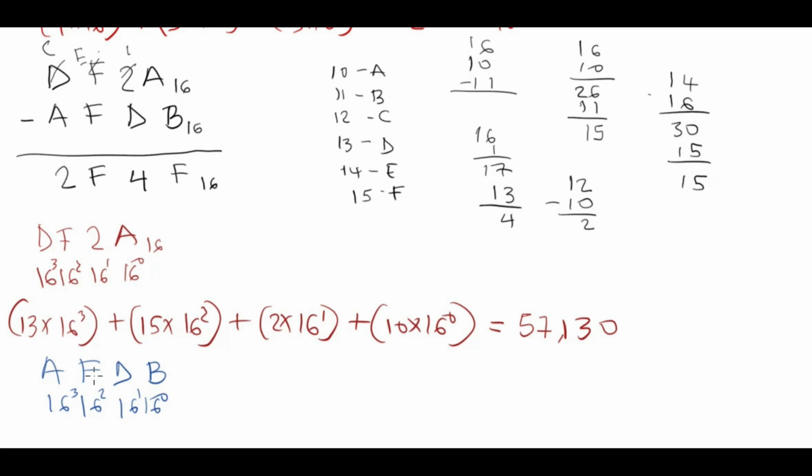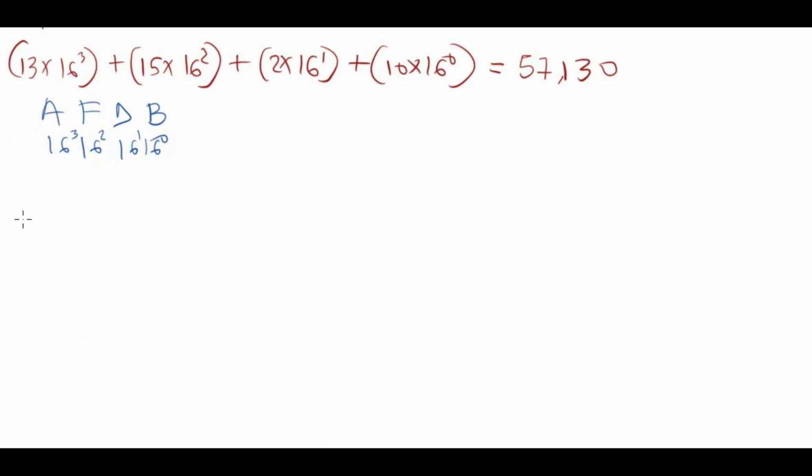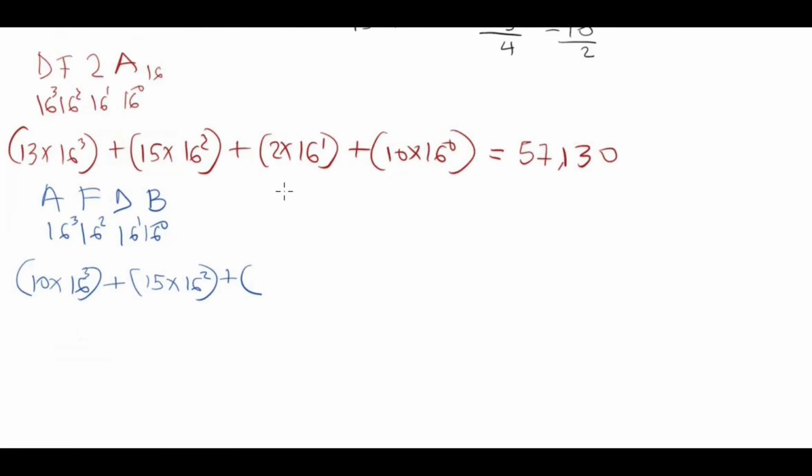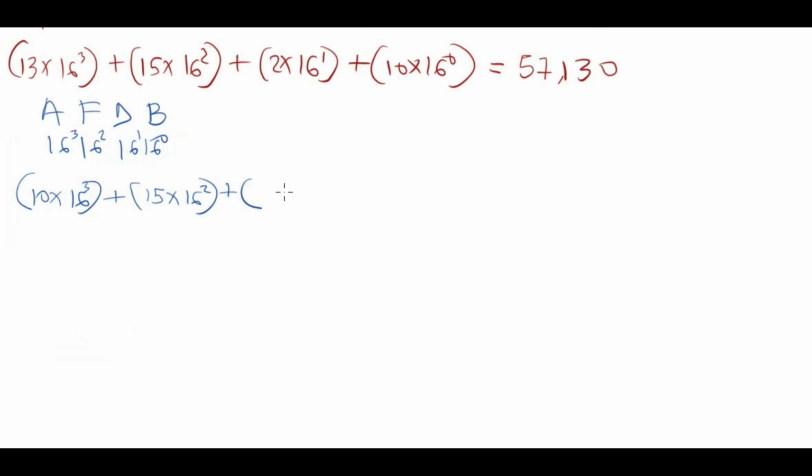So A is 10 times 16 power 3 plus F is 15 times 16 power 2 plus this D is 13 times 16 power 1 plus B is 11 times 16 power 0.